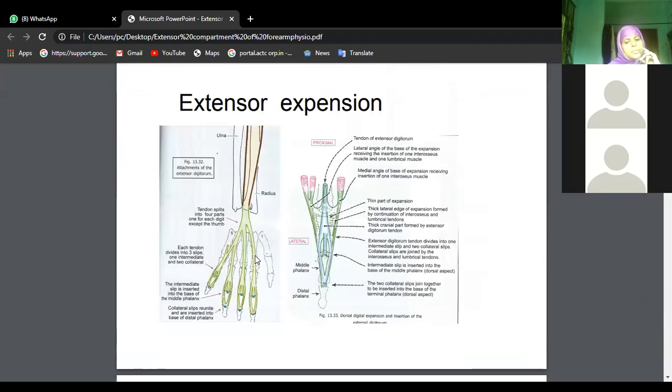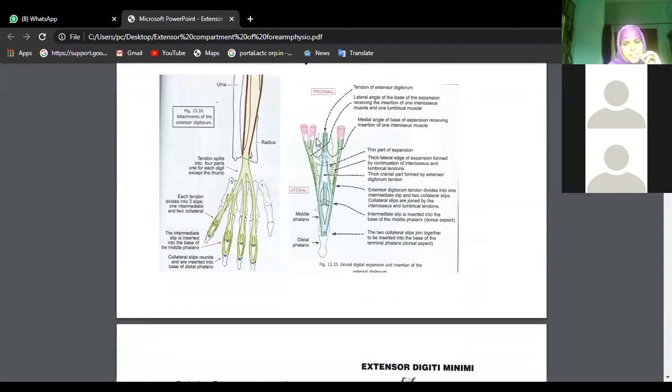So you can actually see how this tendon is splitting. This is the extensor digitorum, and you can see this is splitting into slips. The 2 slips which are laterally on either side unite and are inserted into the base of the distal phalanx.